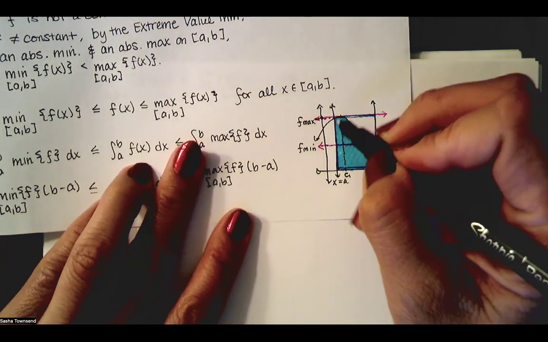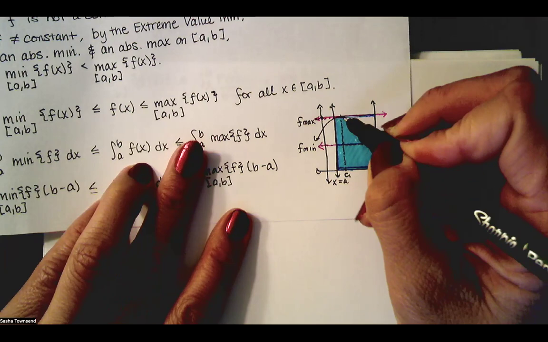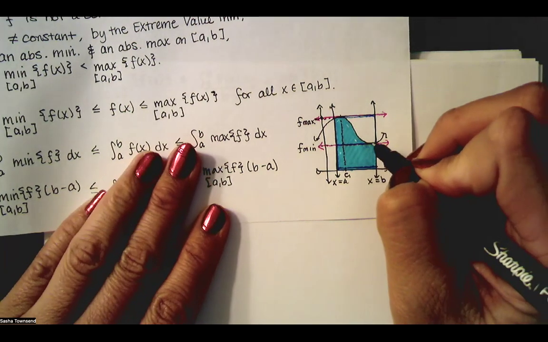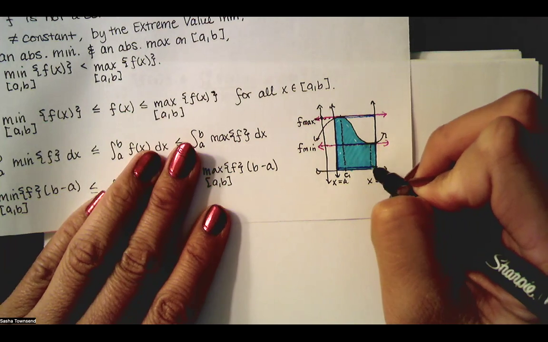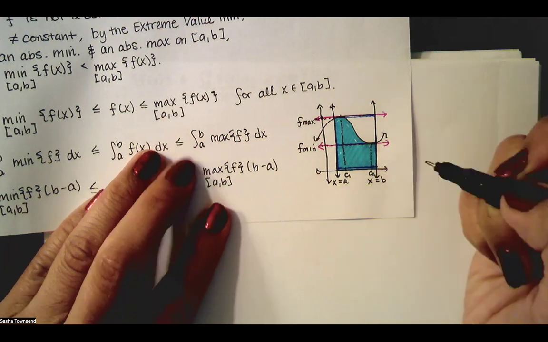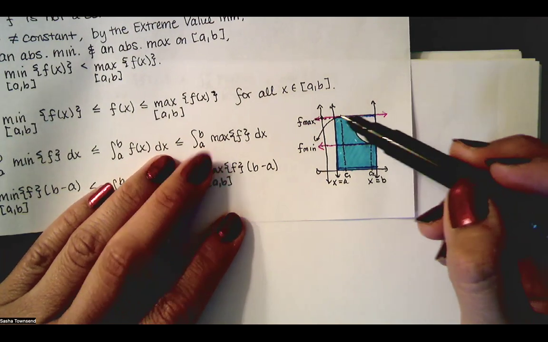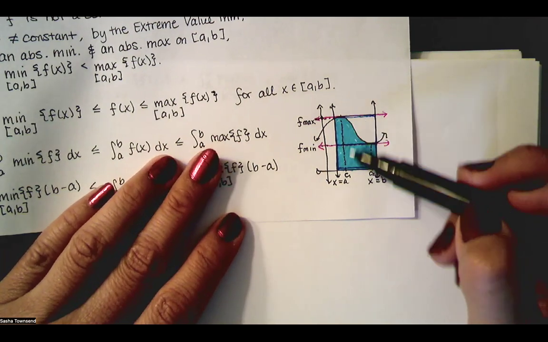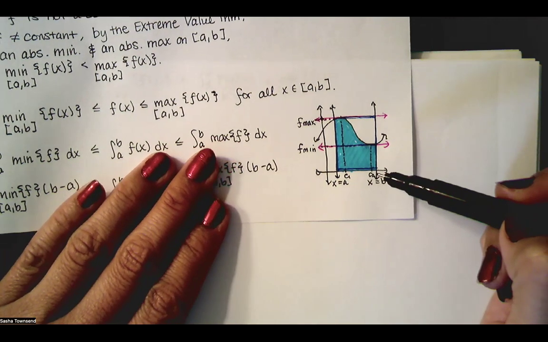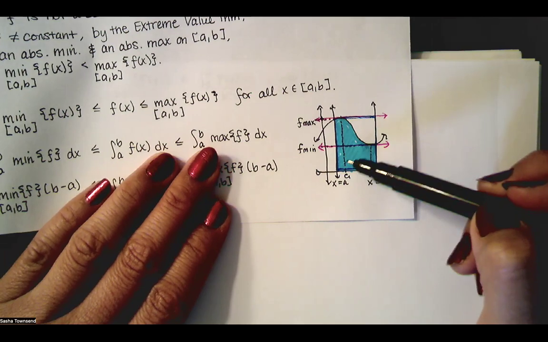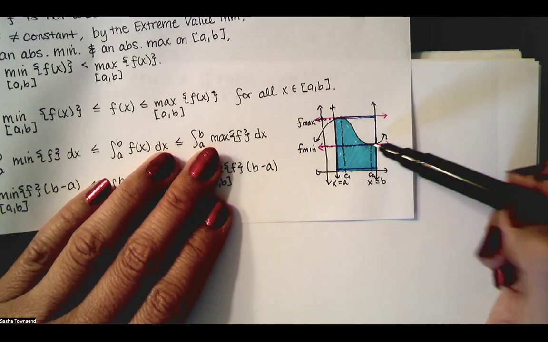So the function achieves its maximum value at some x value on the interval, and f min is associated with an x value C2. Since f is continuous, and we're on a closed interval from a to b, we're guaranteed that there are x values on that interval from a to b where our function has an absolute max and an absolute min.